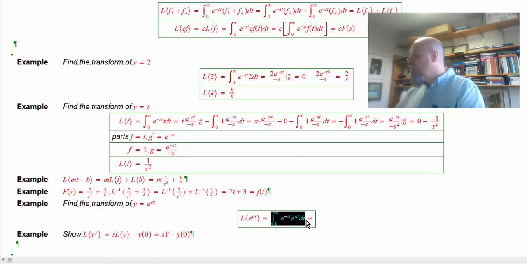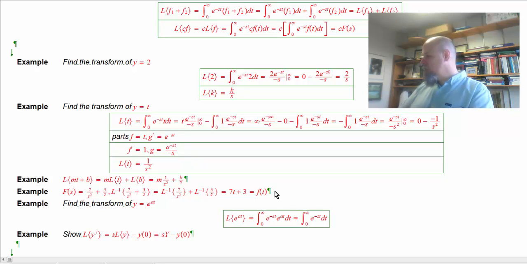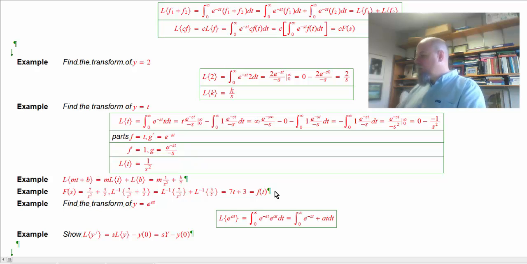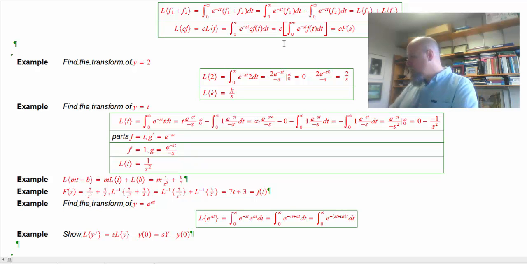I can do common basis, e, add the exponents. So this can be made as e to the minus st up top plus at, common basis, add the exponents, and if I factor out the t here, that'll be a minus.